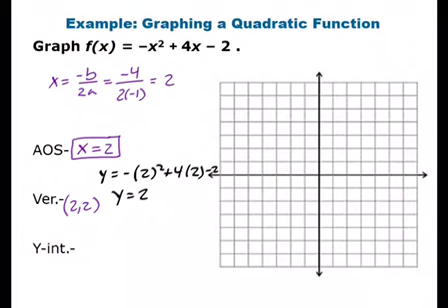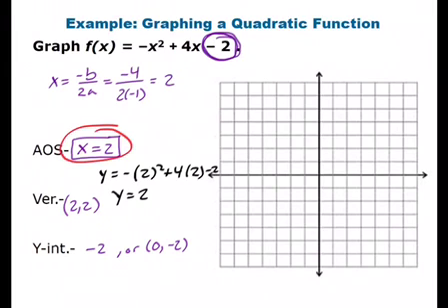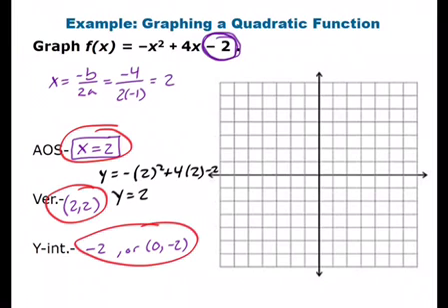And the last thing I need to find is my y-intercept, which we said is the c value for our parabola, which in this case is negative 2, or you can say the point 0, negative 2. So we've got 3 values here that we need to keep in mind when we go to graph this.